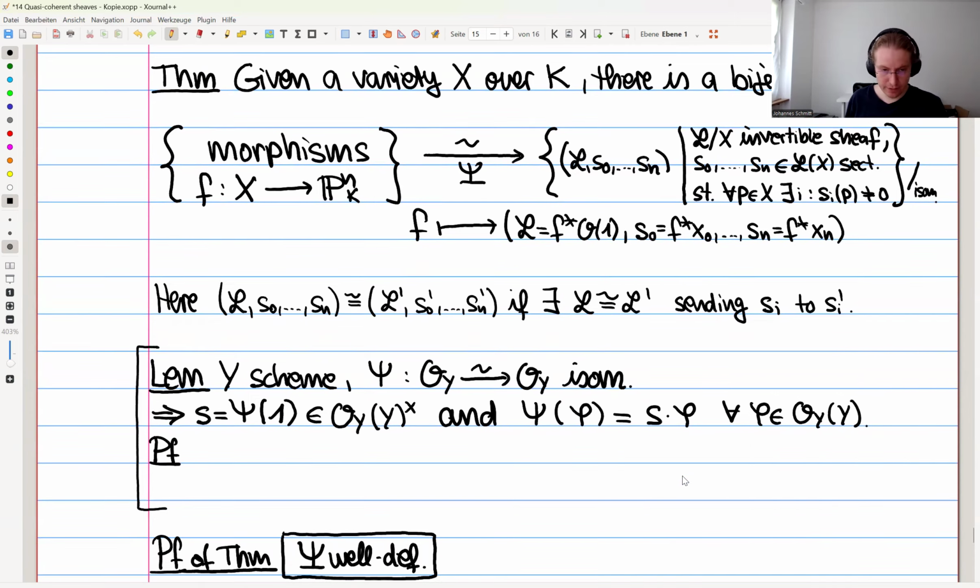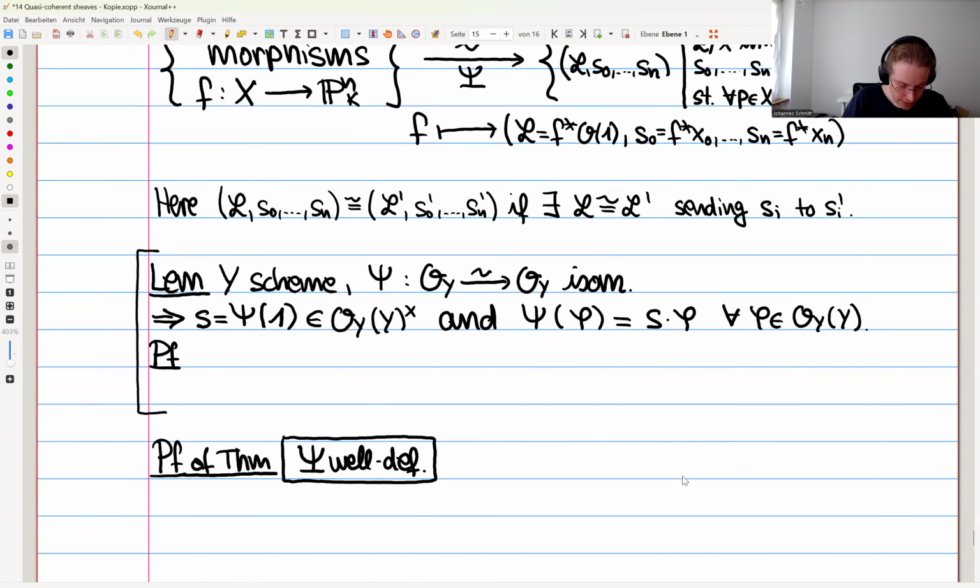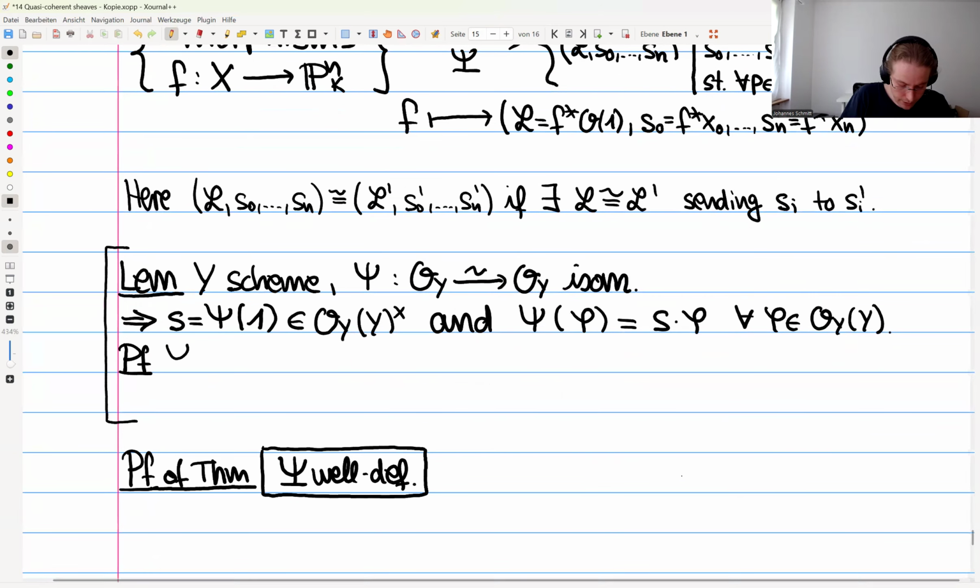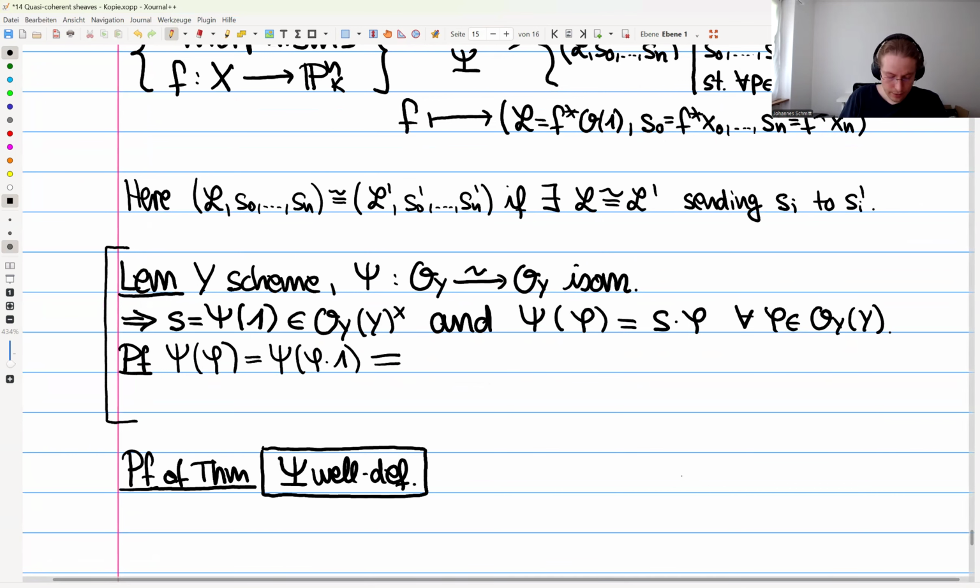And the proof is not so difficult. So let's try to first compute actually the second part. So let's try to compute what is psi of phi of such a function. Well, we can write it as phi times 1. And then, because this is a morphism of O_Y modules, it is linear under pulling out multiplication by a function in O_Y, like phi.